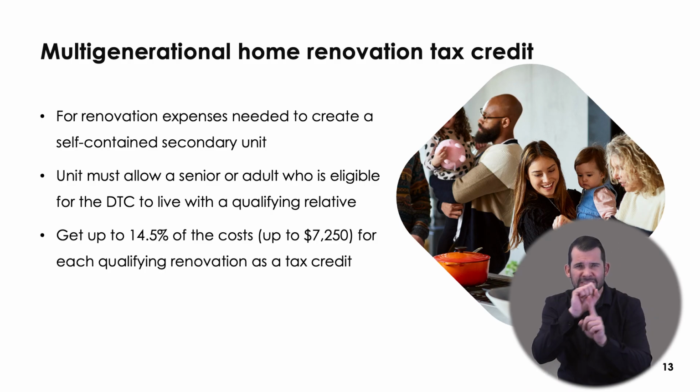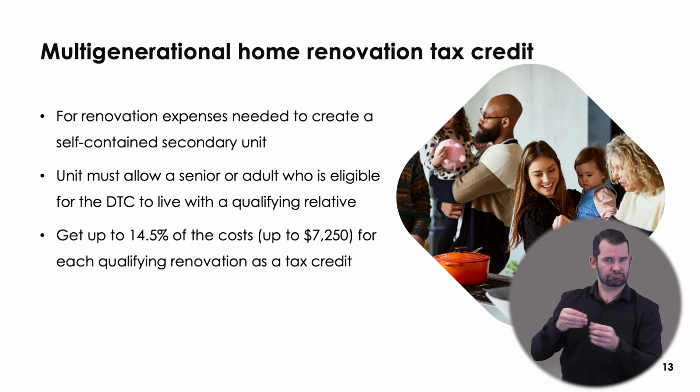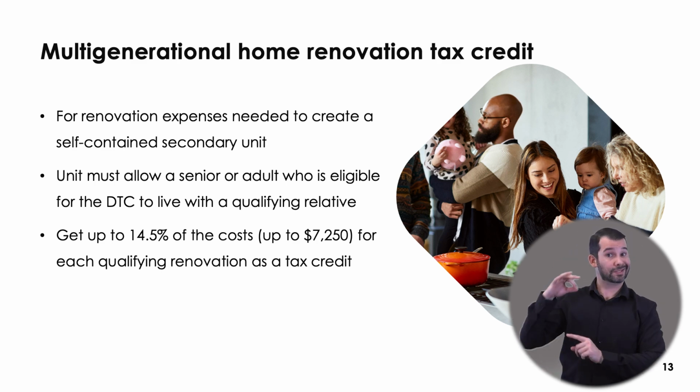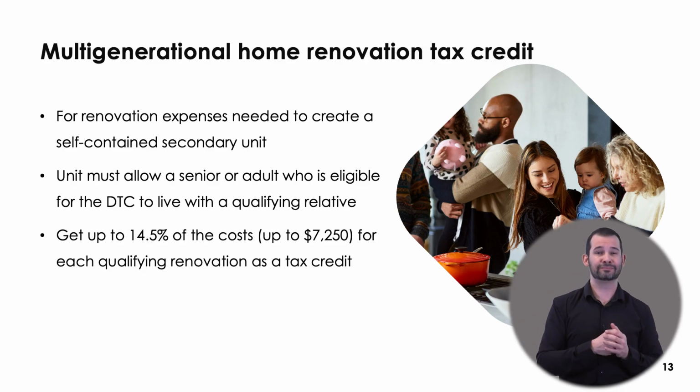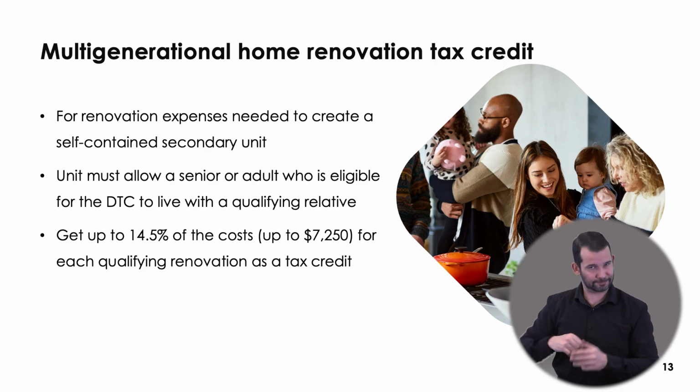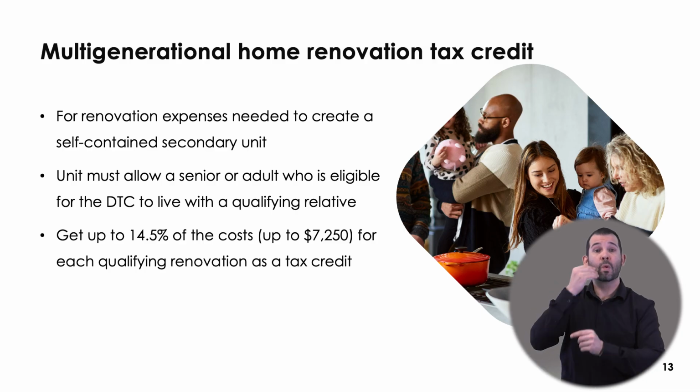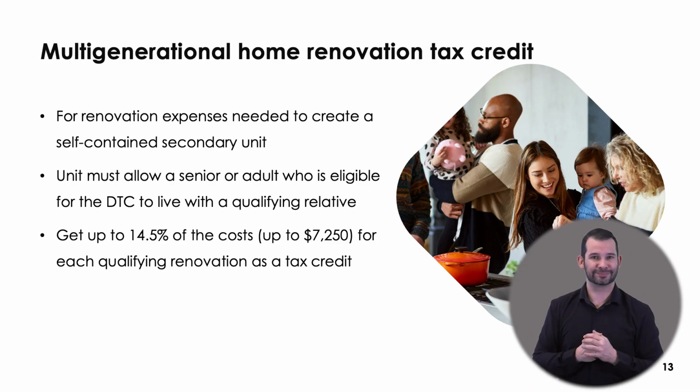In certain situations, DTC eligibility provides access to additional benefits and credits, such as the Multi-Generational Home Renovation Tax Credit, Home Accessibility Tax Credit, and the Canada Caregiver Credit. The Multi-Generational Home Renovation Tax Credit is a refundable tax credit that you can claim on your tax return.